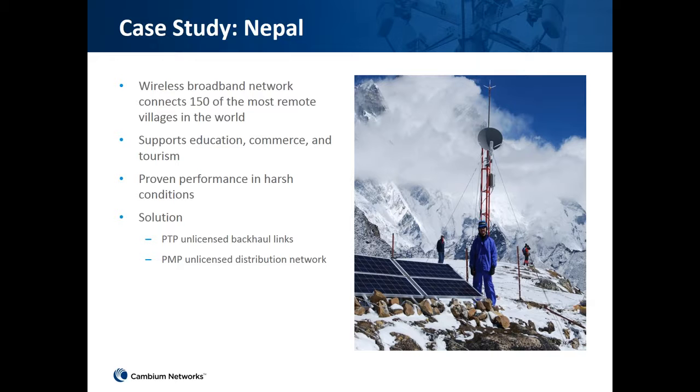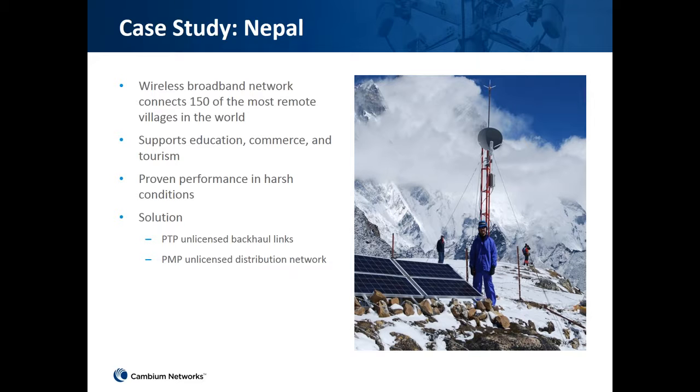So the PTP 650 was used as a backhaul link to talk to the villagers over there. We used about 16 PTP relay links to talk from the mountain base station to the village.